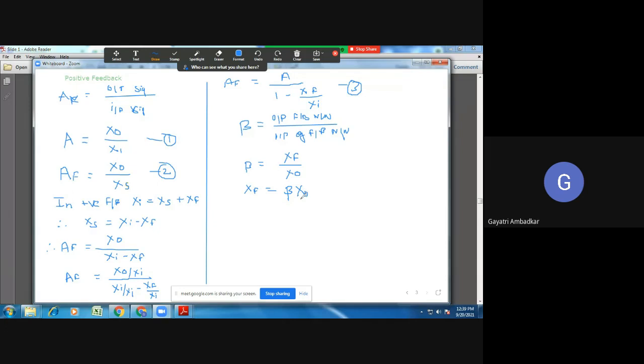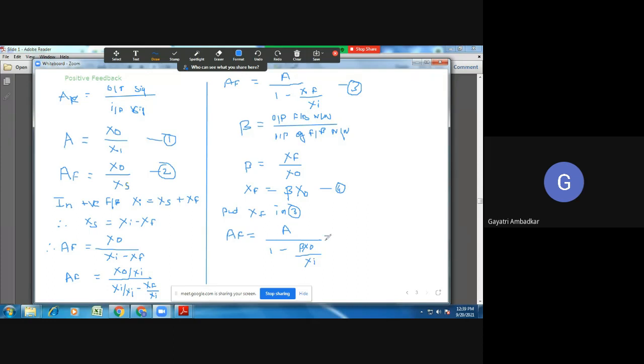Call this 4. So I put this value in 3. Put XF in equation 3. What is AF equal to? A divided by 1 minus, instead of XF, beta times XO divided by XI.